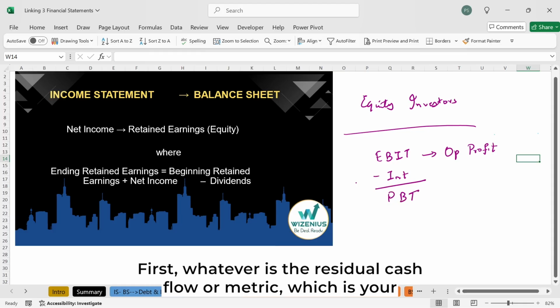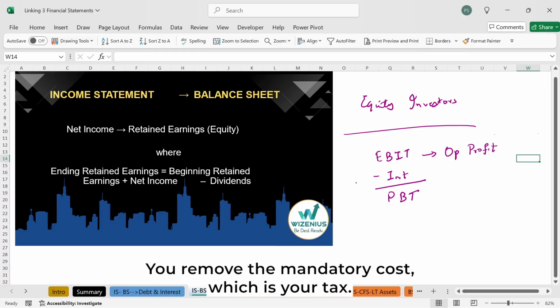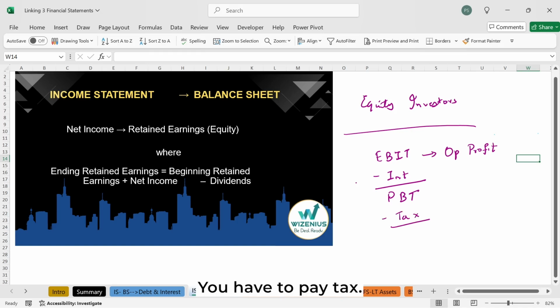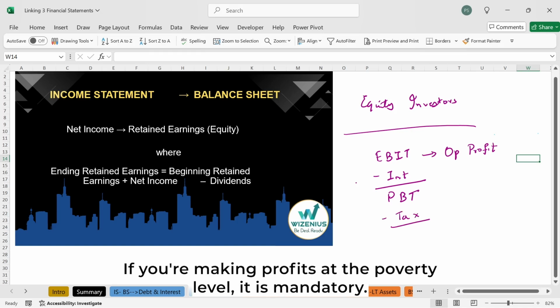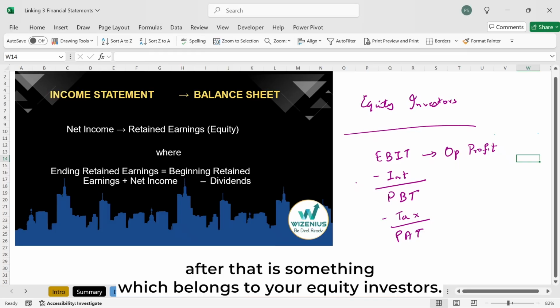Whatever is the residual, which comes out to be your PBT, you remove the mandatory cost, which is your tax. You have to pay tax. If you're making profits at the PBT level, it is mandatory you have to pay taxes. Whatever is the residual cash or metric after that belongs to your equity investors.